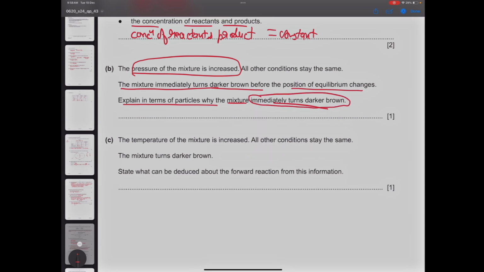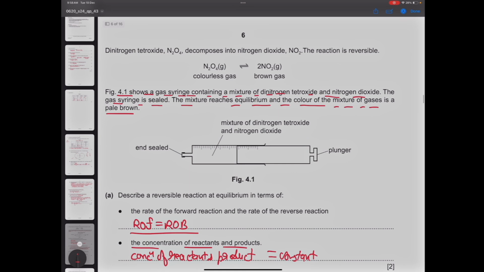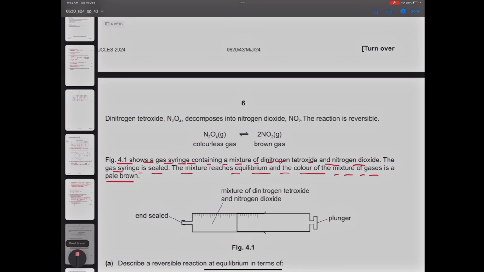Now let's have a look at the equation. There is 1 mole of gas on the reactant side and 2 moles of gas on the product side. We know that when pressure is increased, equilibrium shifts to the side with fewer gaseous molecules. And when it is decreased, it shifts to the side with more gaseous molecules.